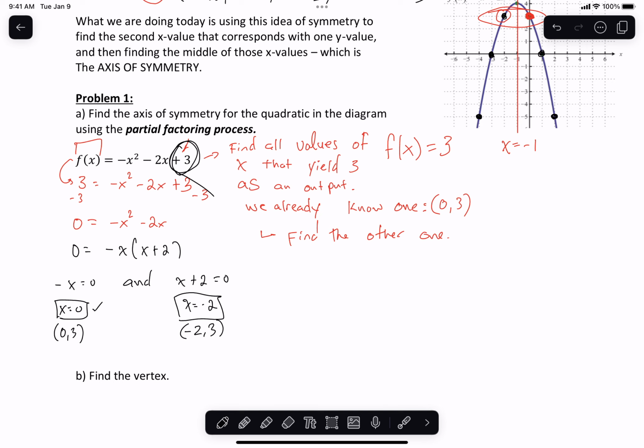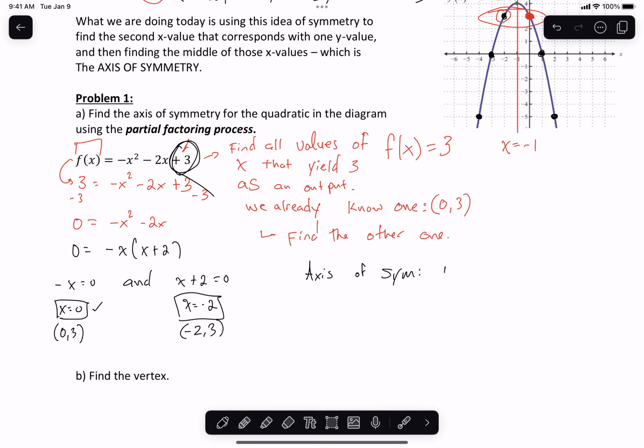Okay, so now if I'm interested in finding the vertex, I haven't found x-intercepts per se, but I found 2 points that are at the same height on the graph. Dylan? Yeah, so we can find the axis of symmetry by taking the 2 points that are at the same height, adding their x values together and dividing by 2, right?